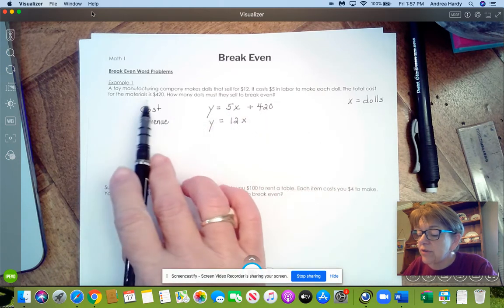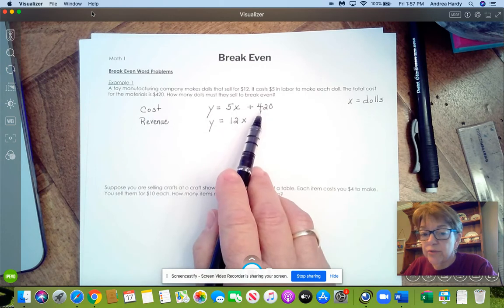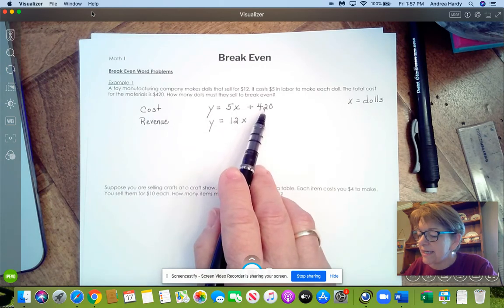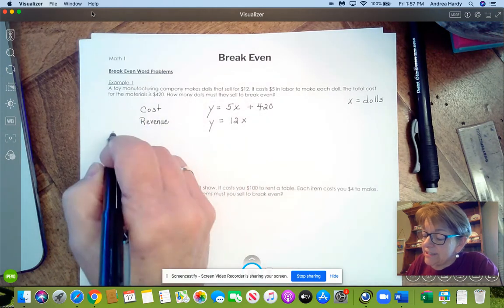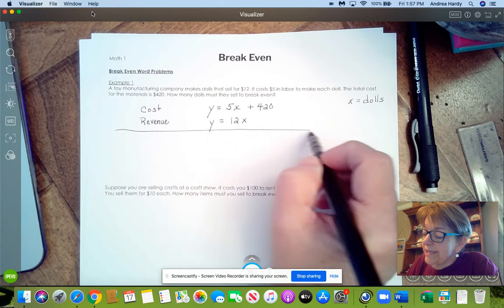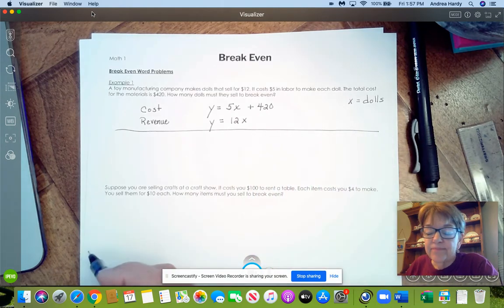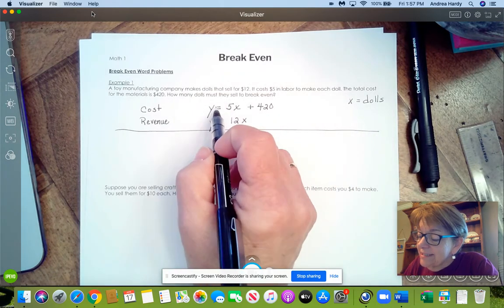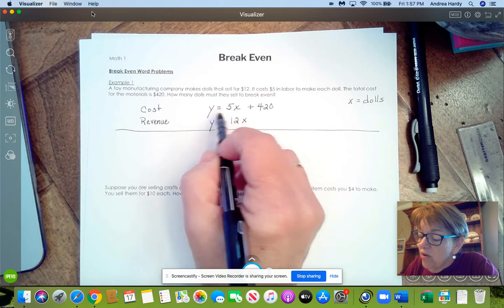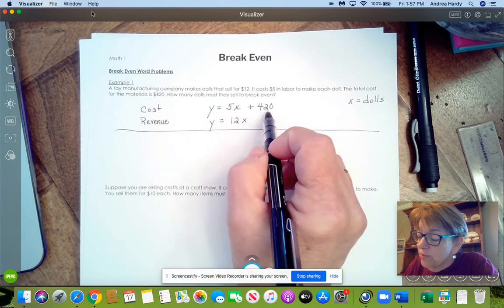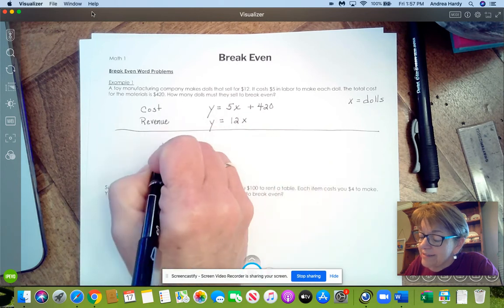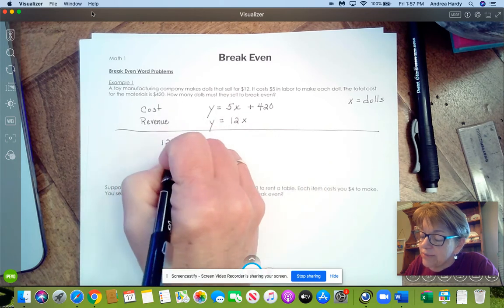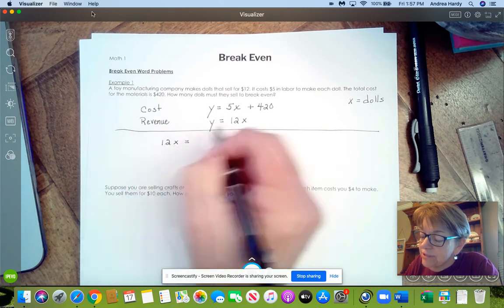And the total cost for materials is $420. That's a one-time fee. How many dolls must they sell to break even? So now that we have our system, we can solve our equations. I have y equals my cost, 5x plus 420, and my revenue, y equals 12x. I can set those equal to each other. We saw that in substitution.